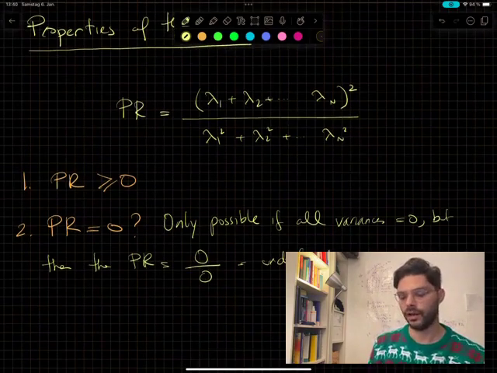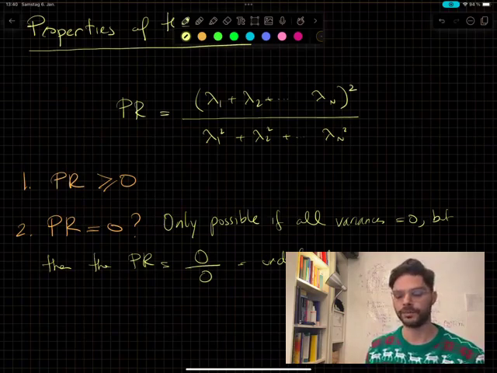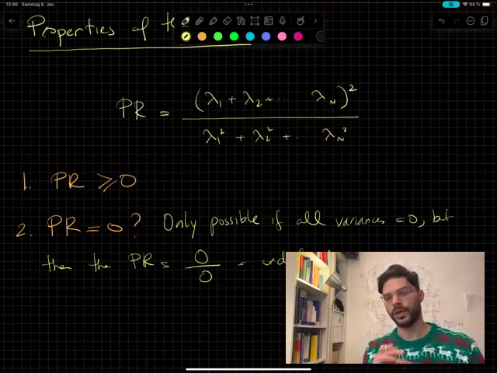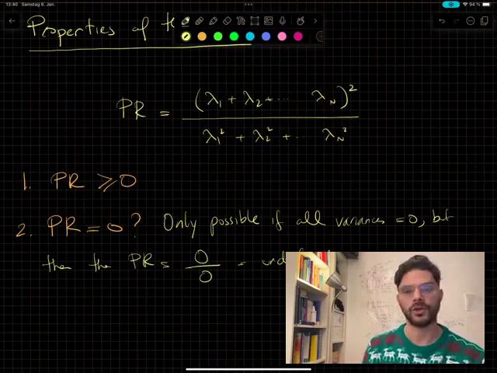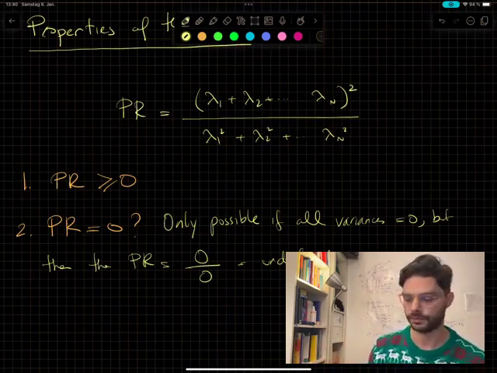And when are the variances all 0? That's for data sets that consist of a single point. So we can either choose to ignore those situations or just assign them a PR of 0. But most of the time we don't care about such data sets anyway, because it'll be obvious if the data set consists of a single point.